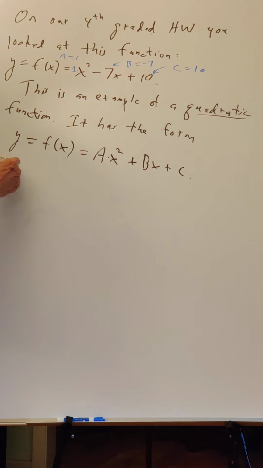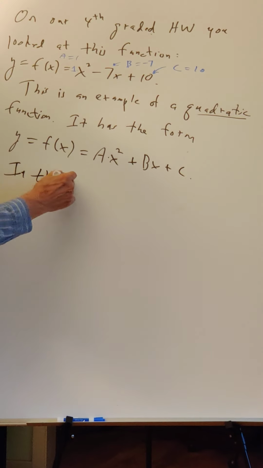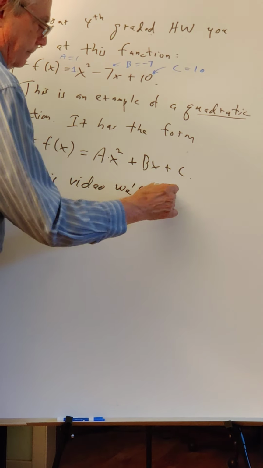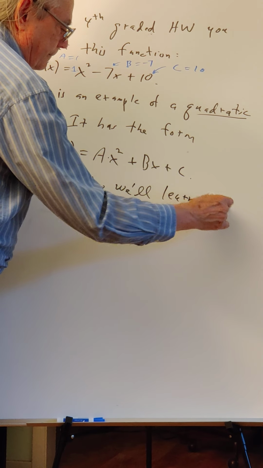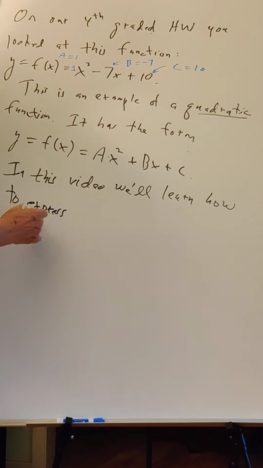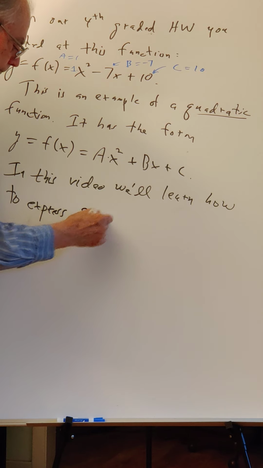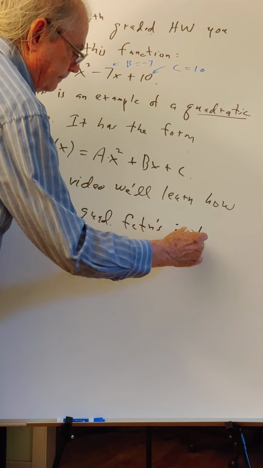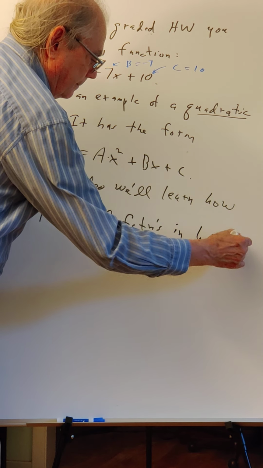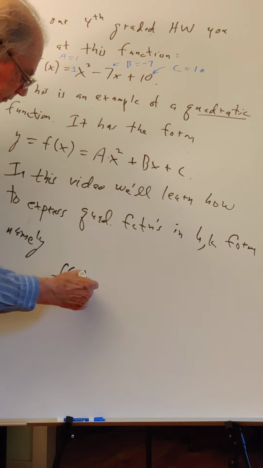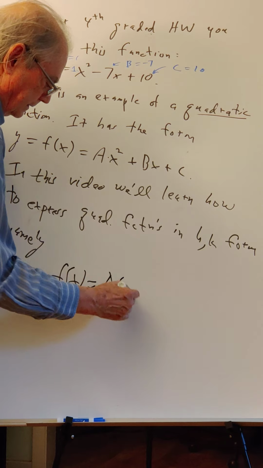So in this video, we'll learn how to express quadratic functions in HK form, namely f of x equals a times x minus h squared plus k.